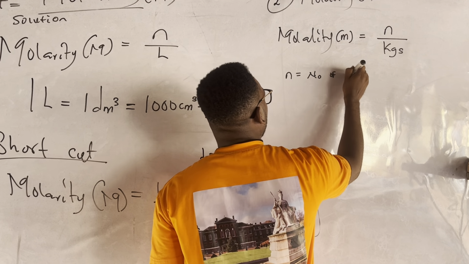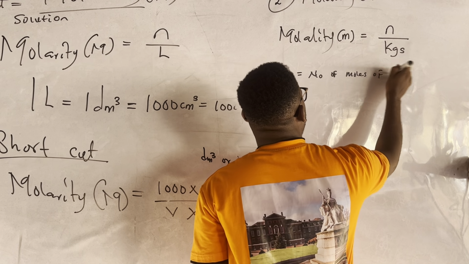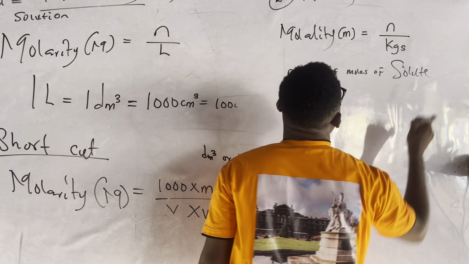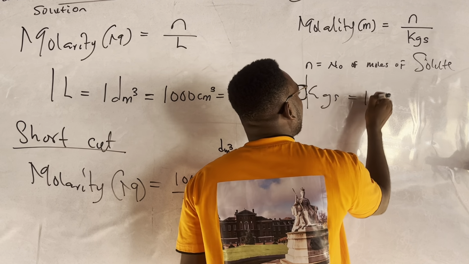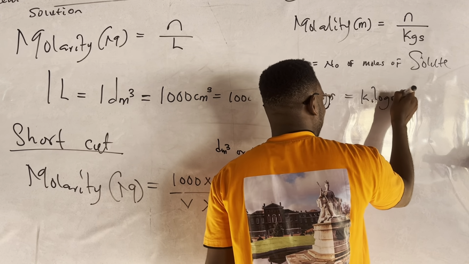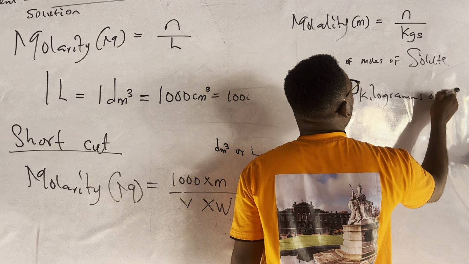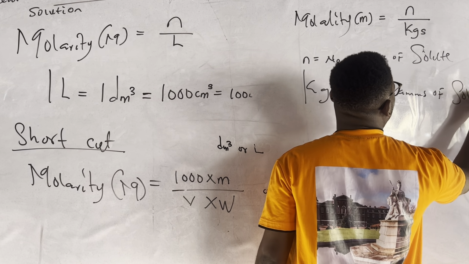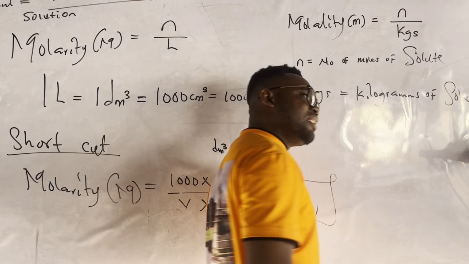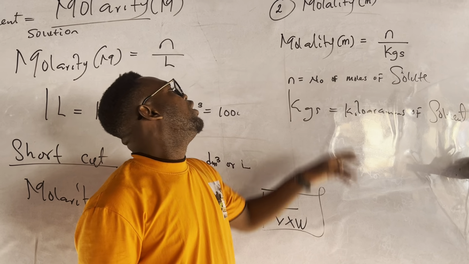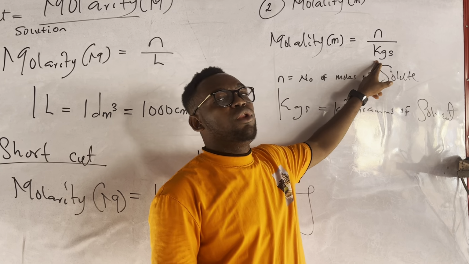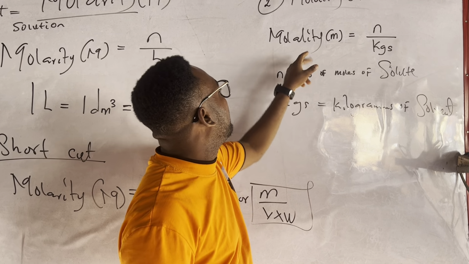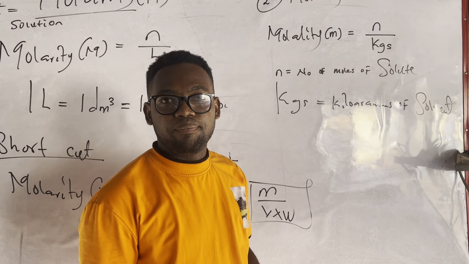Number of moles of solute. While the kgs stands for what? Kilograms of what? Solvent. It is important to take note of this. Number of moles of solute divided by the kilograms of solvent will give us molality.